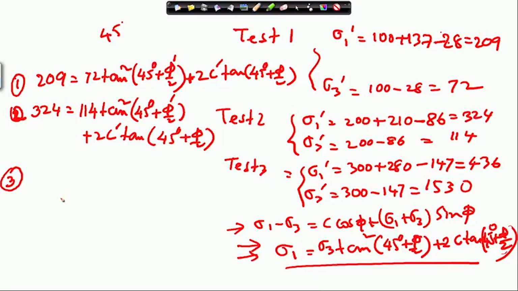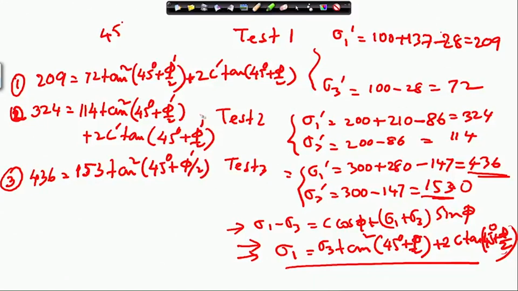And from test 3 I can write another equation: 436 is the sigma 1 and 153 is the sigma 3, so 436 equal to 153 tan square (45 degrees plus phi dash by 2) plus 2 c dash tan (45 degrees plus phi dash by 2).